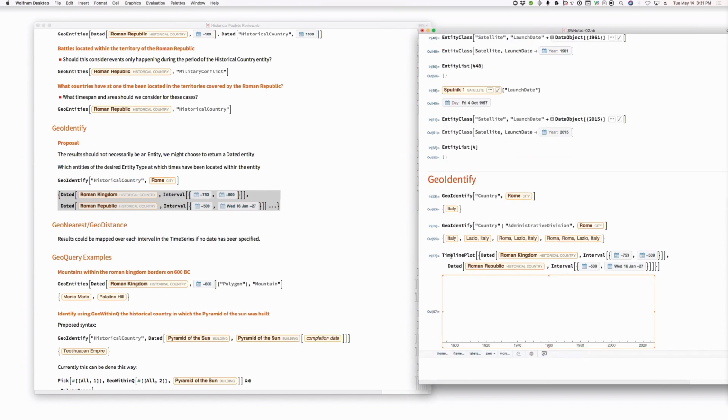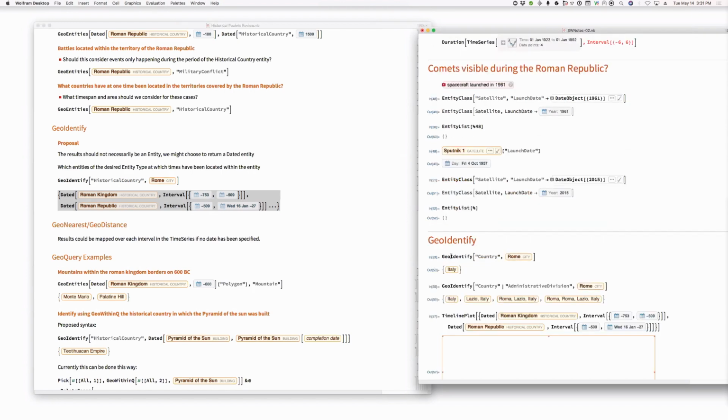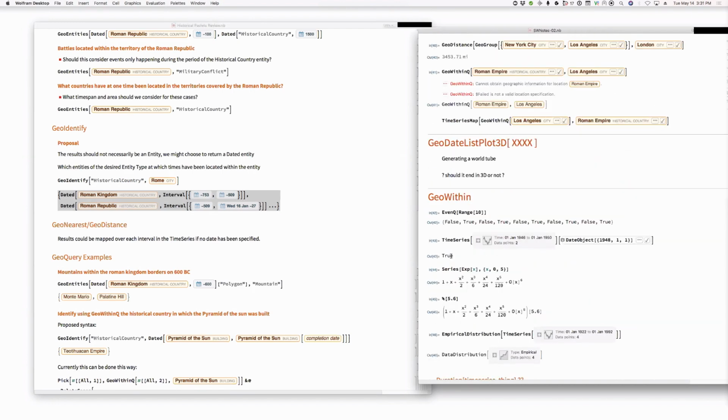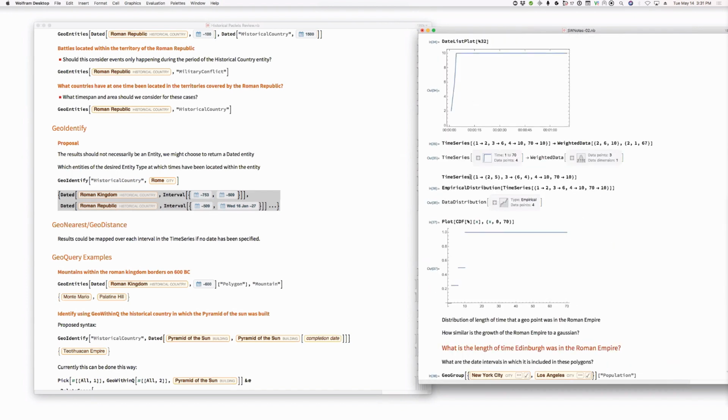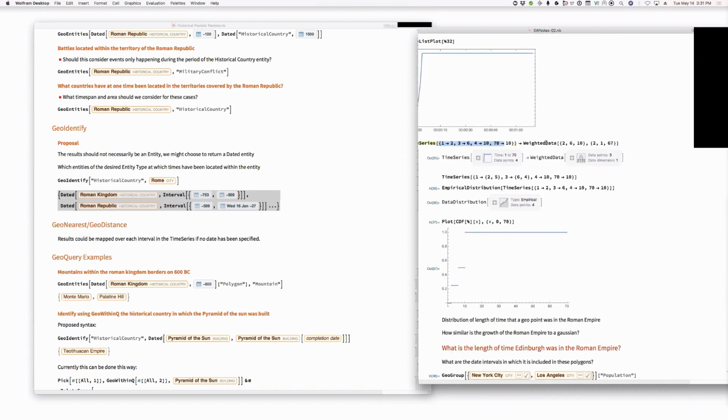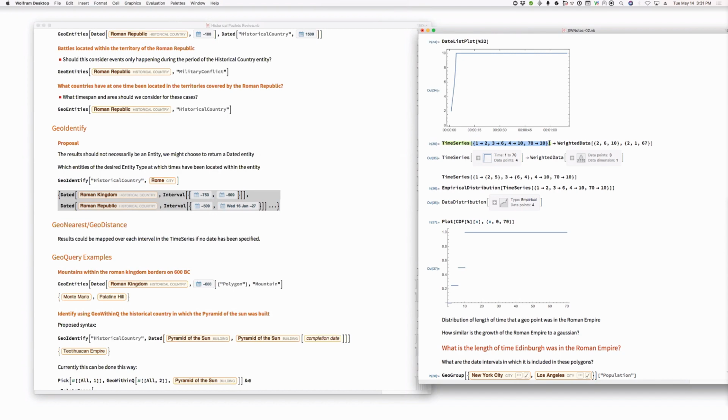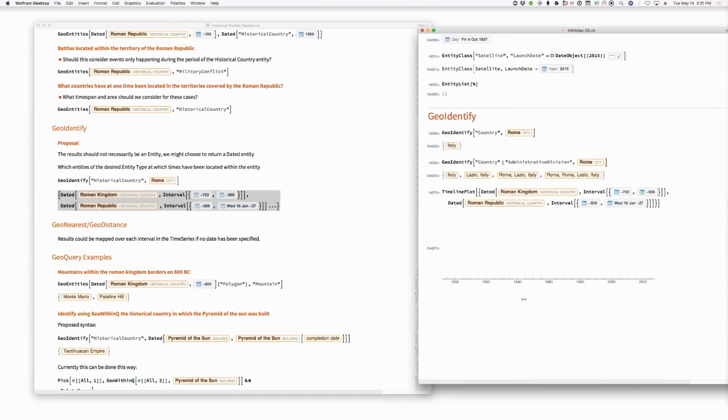Okay, whatever this returns should be able to be fed to timeline plot. Shouldn't it? Just like at the top here, these time series that we were dealing with. I should presumably be able to feed that to timeline plot.